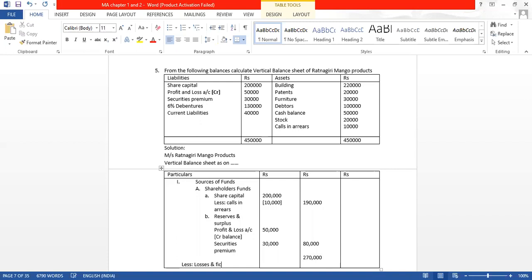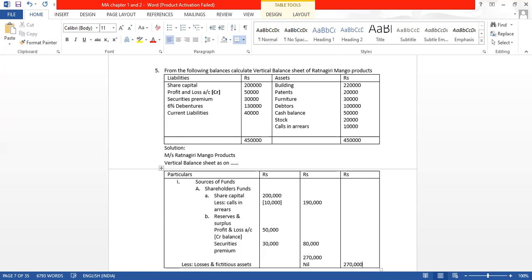So losses and fictitious assets are not given in this question, so let us keep it nil. In the outer column we get 2,70,000. This refers to the shareholders fund.